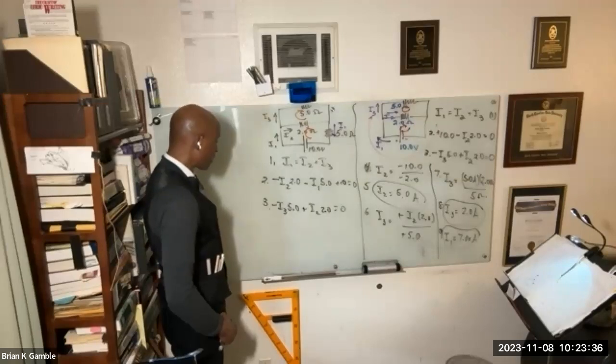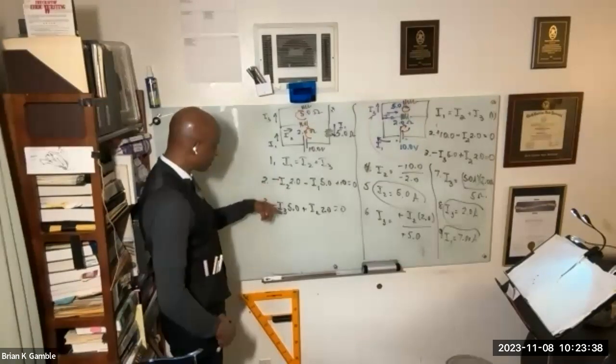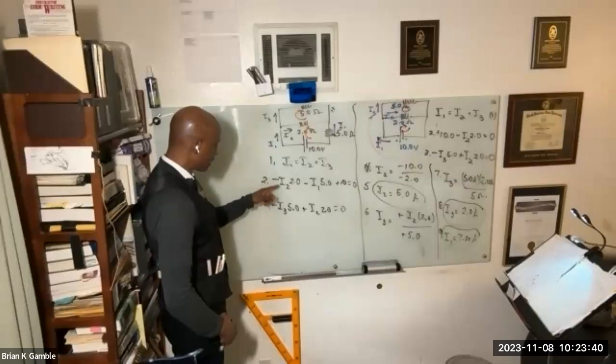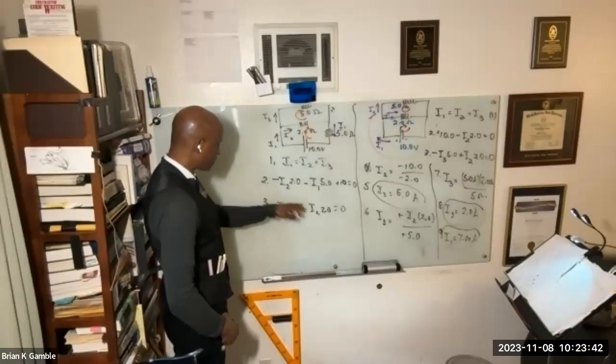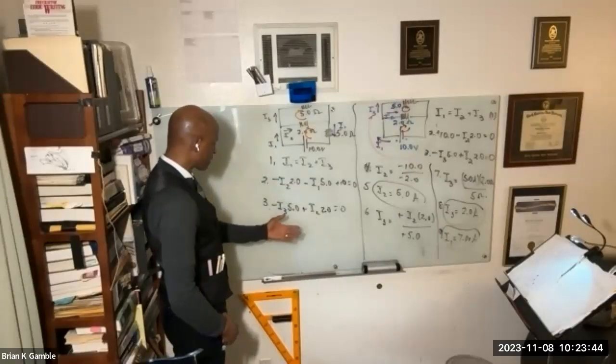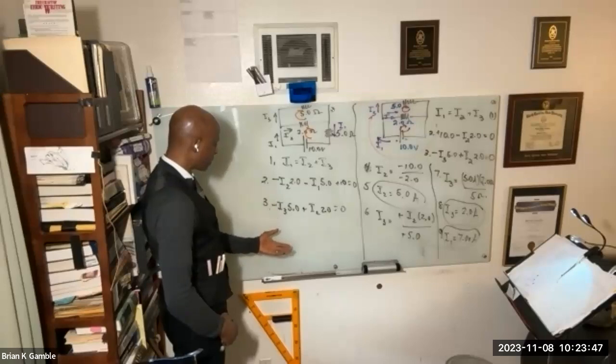I mean, I don't know. Another thing I could do is add these two equations, and then I would have the I2s cancel out. Then I would have something that has I1 and I3 in it.